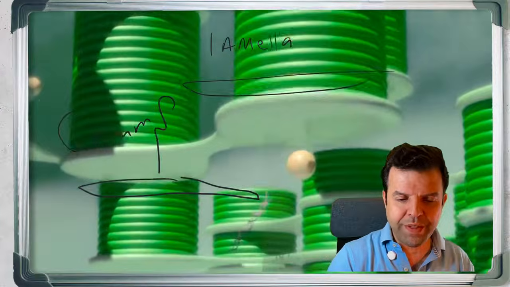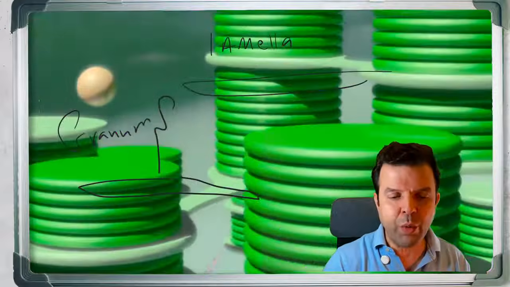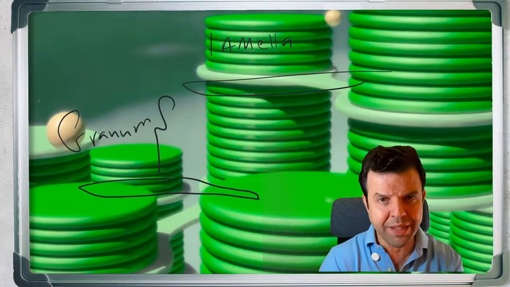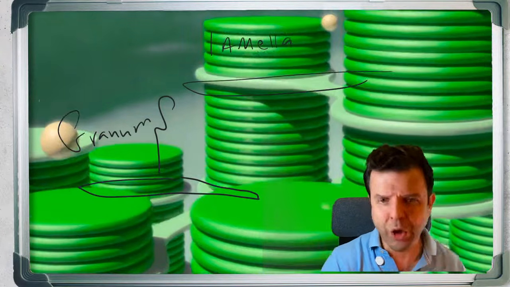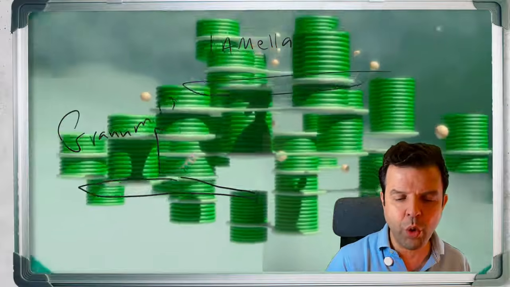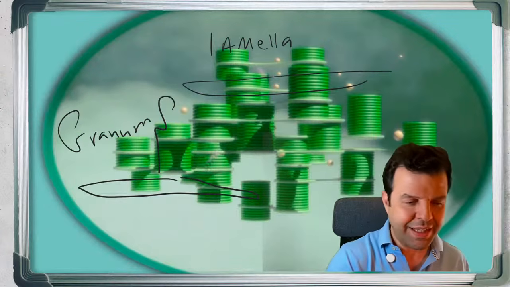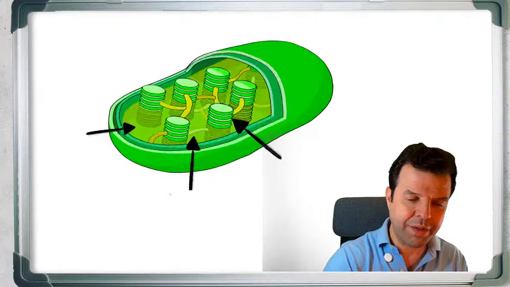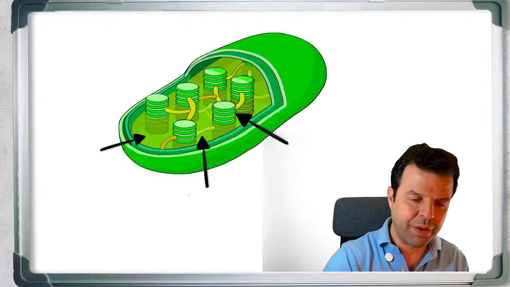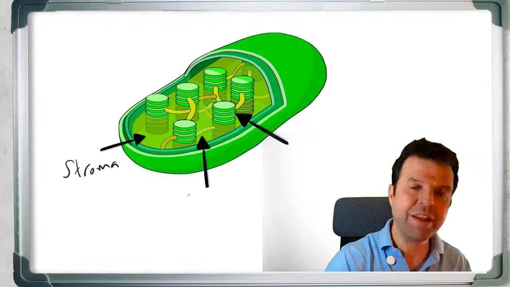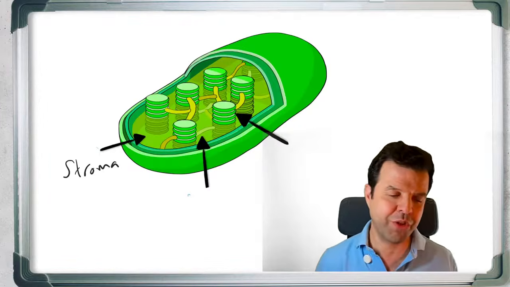Plus, all of this is floating within a jelly-like substance. Remember, cytoplasm in bacteria. Here we're not going to call it cytoplasm. We're simply calling this whole stuffing inside the chloroplast stroma. So again, you got stroma, the jelly stuff inside of it.